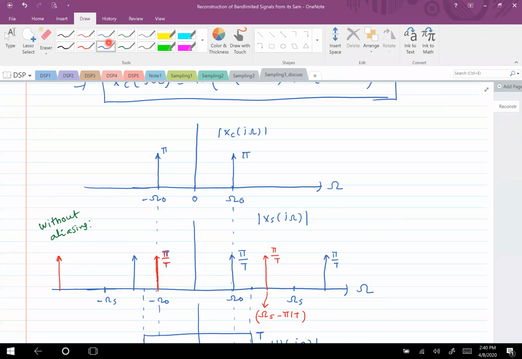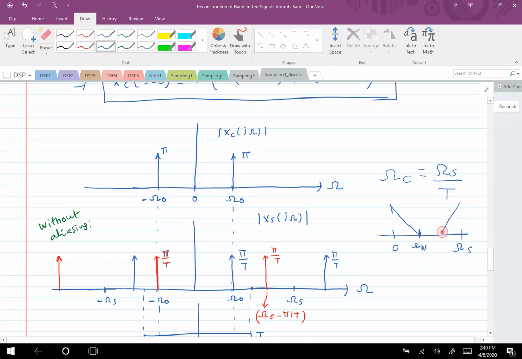See the cutoff frequency. Let me write something here. There is a cutoff frequency, right? So this cutoff frequency, if you recollect what we did, should be equal to omega s by 2. Because it is there from 0 to omega s, this side anyway, it will be there till omega n.